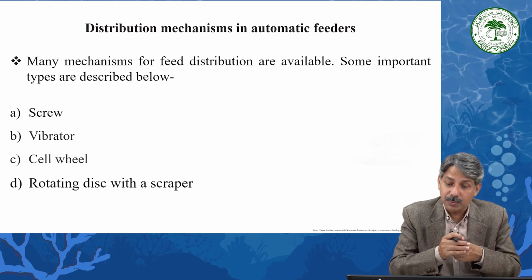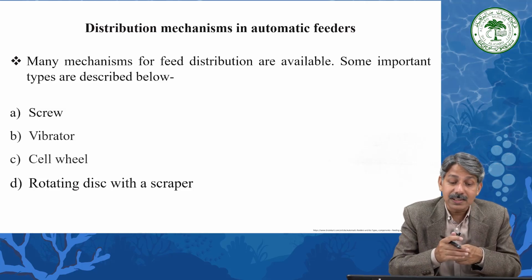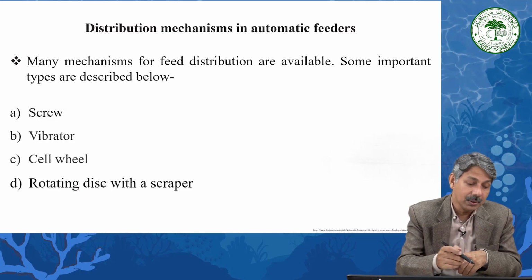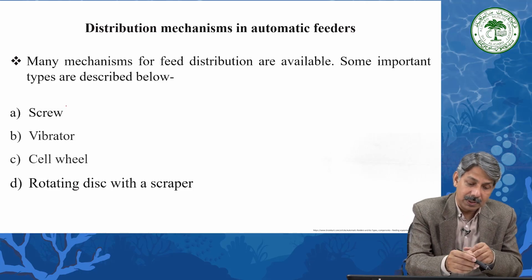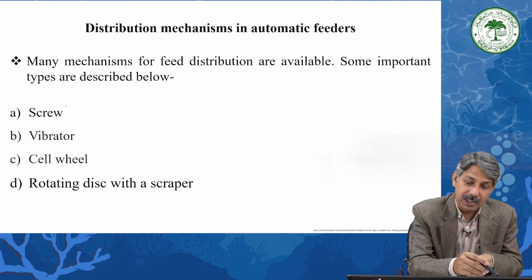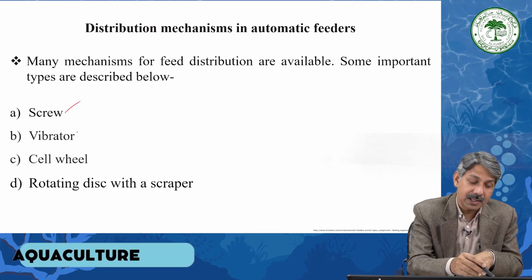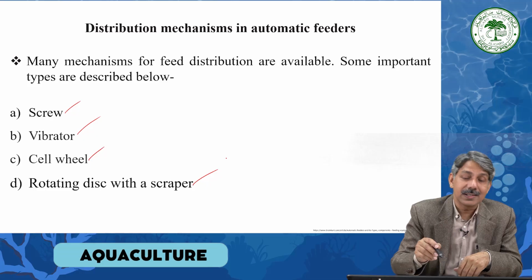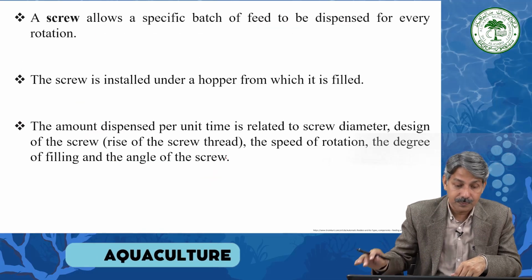Distribution mechanism in automatic feeders. Many mechanisms for feed distribution are available. Some important types are described below. The feed gets distributed in automatic feeders by screw, vibrator, cell wheel, or rotating disc with a scraper.